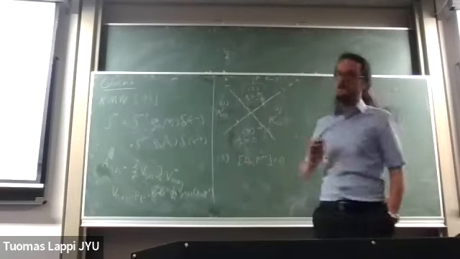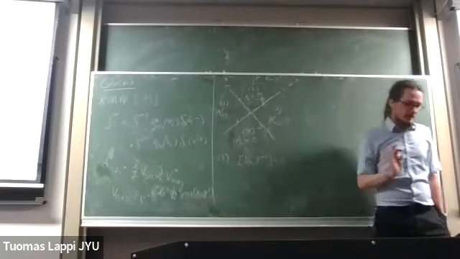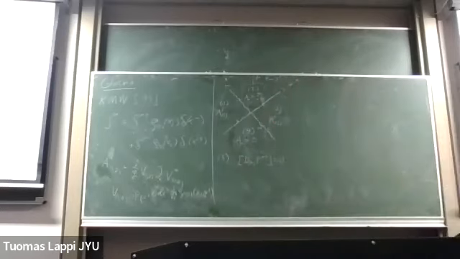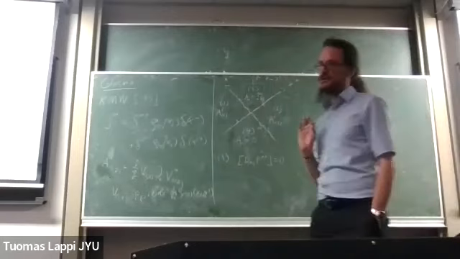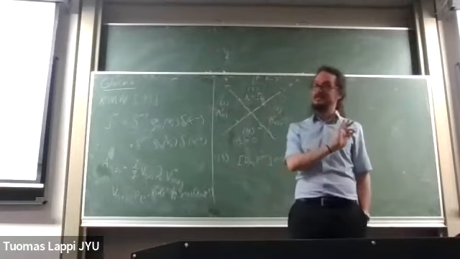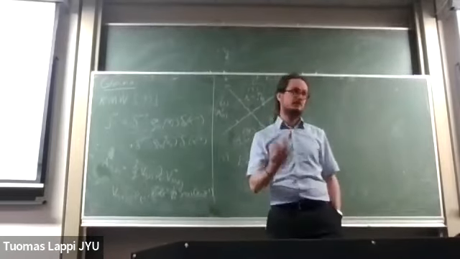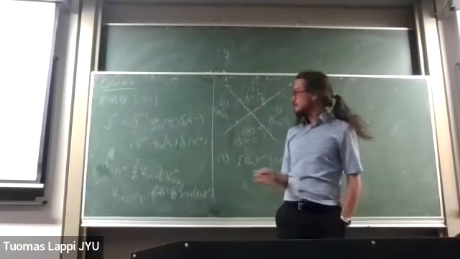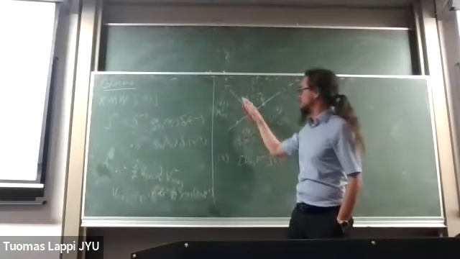There are no sources here, and that's something that we want to do because it's part of the effective theory description idea. What we want to achieve here is that we want to get rid of the sources.